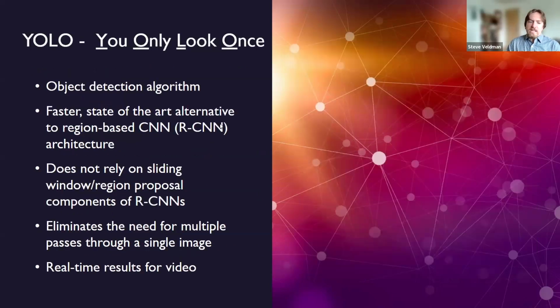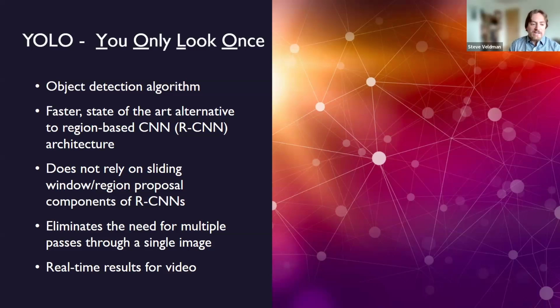What we're going to look at today specifically is the YOLO algorithm. This is fundamentally an object detection algorithm, but we'll see how it's been adapted and extended to apply to some of these other problems as well. It made its name for being a faster alternative to region-based convolutional neural networks, specifically because it only has to look once, as we'll see.